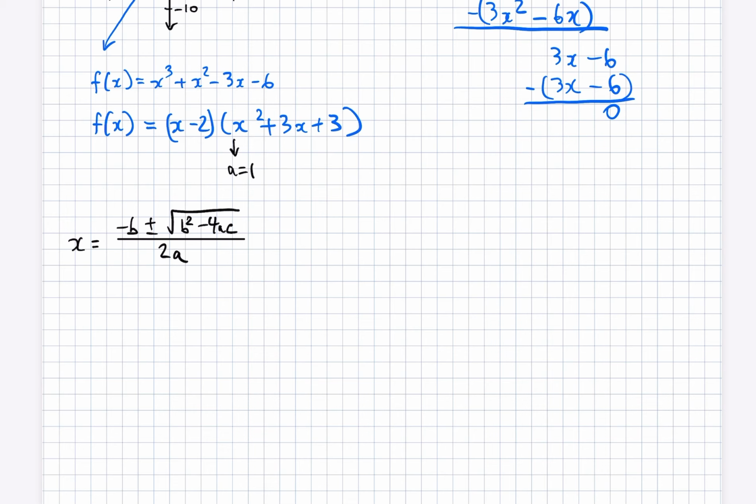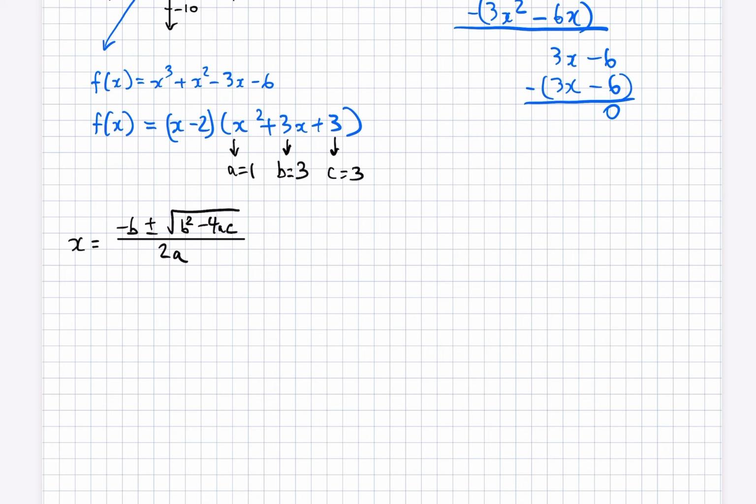That is the coefficient in front of the x squared, and that's an implied 1. And then the coefficient in front of this x is 3. So we would say that my b value is 3. And then lastly, my c value is 3. So we're going to set c equal to 3.